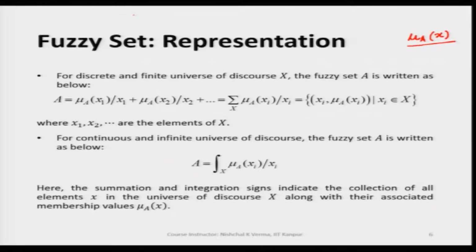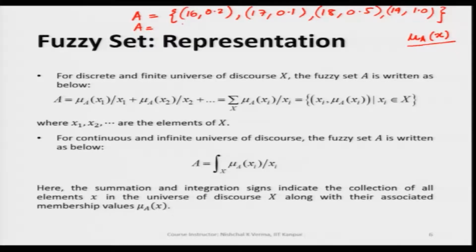Let us say we already had a fuzzy set A, which was like this: 16 with, okay, I am taking some other membership values, let us say 0.2, and then 17 with 0.1, 18 with 0.5, say 19 with 1, like this. If we have this as a fuzzy set, there is a crude representation of a fuzzy set. The same fuzzy set can be represented as follows.